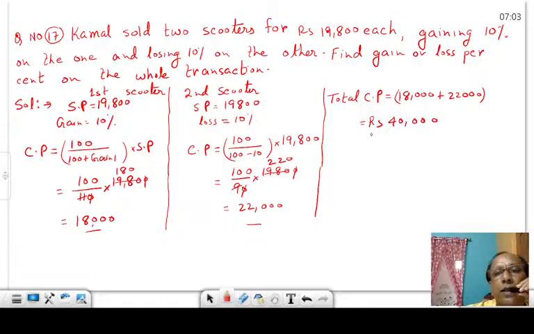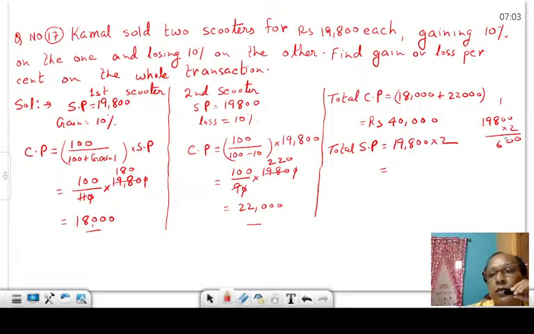40,000 is the total cost price. And what is the total selling price? Total selling price is equal to 19,800 into 2. If you multiply 19,800 into 2, we get 39,600. That is rupees 39,600, right?